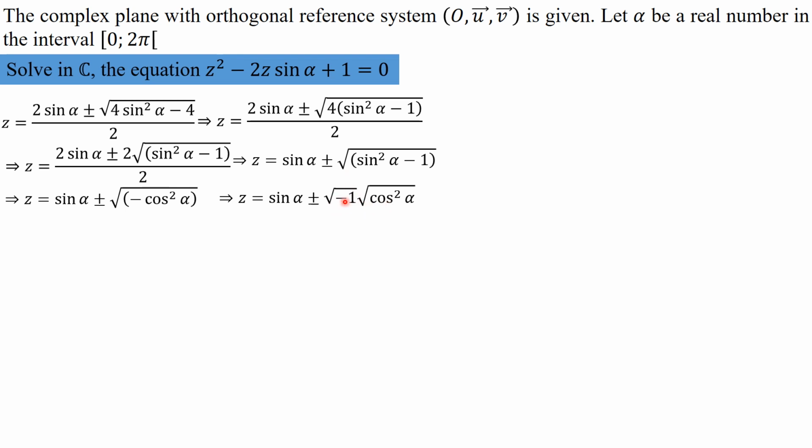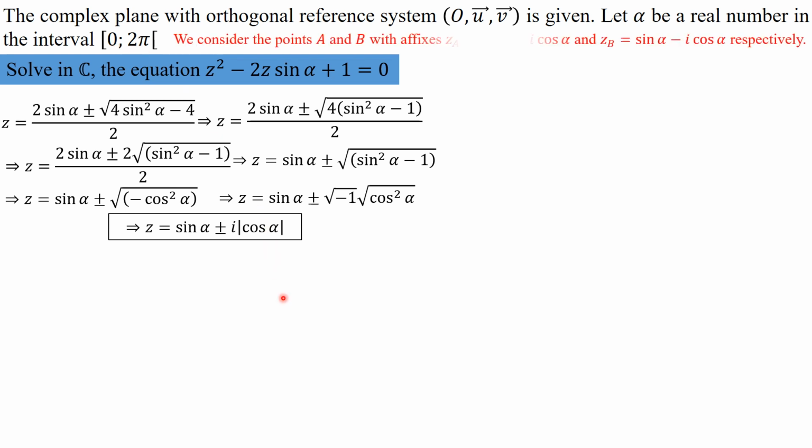Now the square root of negative 1 is the complex number i, since we are solving in the set of complex numbers. So z becomes sine alpha plus or minus i times the square root of cos squared alpha, where the square root of cos squared alpha is just the absolute value of cos alpha. So it is positive when cos alpha is positive and negative when cos alpha is negative, since alpha is in the interval 0 to 2 pi.